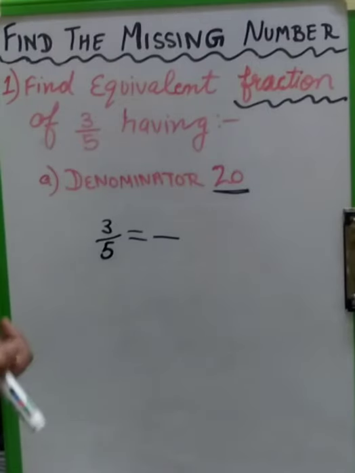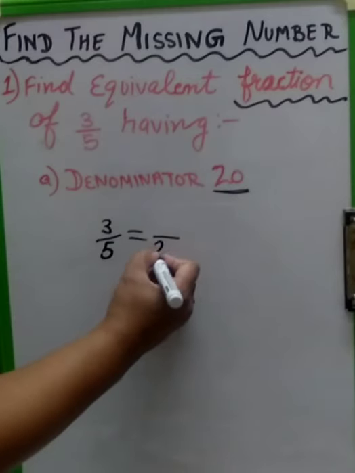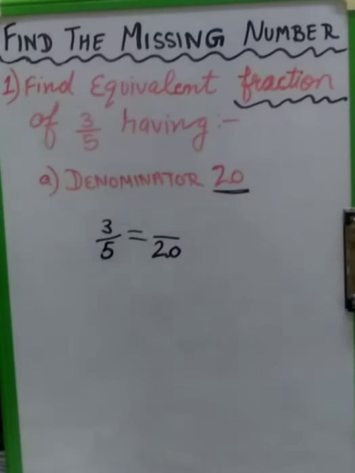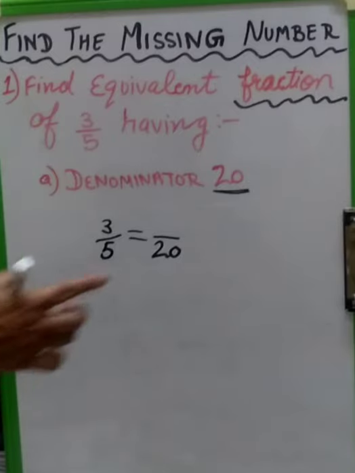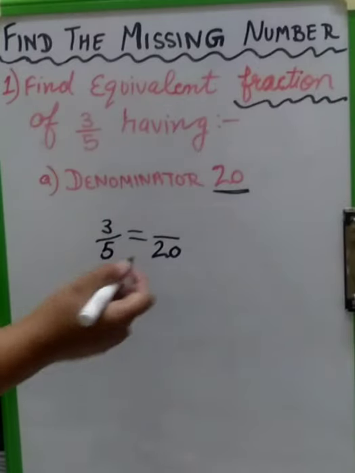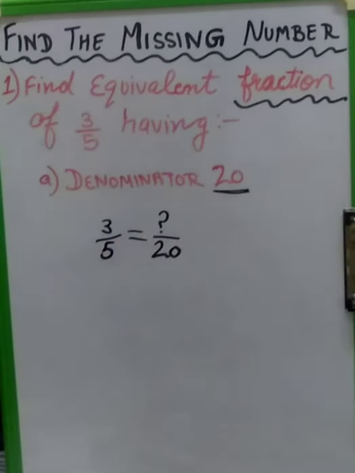So you know how to write down a fraction, numerator upon denominator. So we need denominator as 20 now. So we need to find out the fraction. Denominator is already given here. We need to find out what is the numerator here.